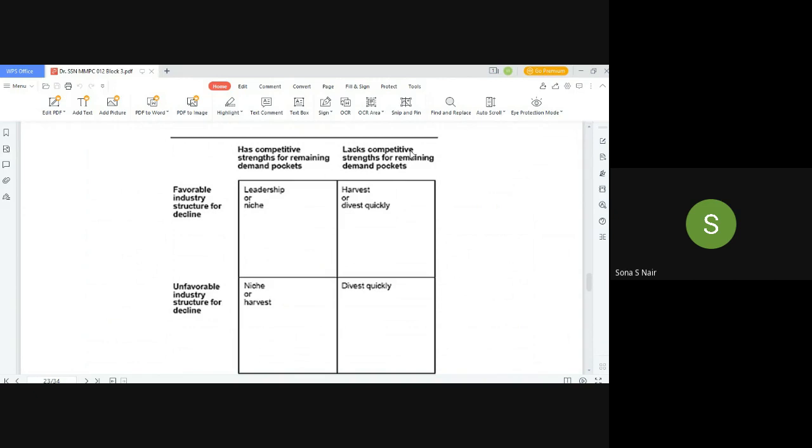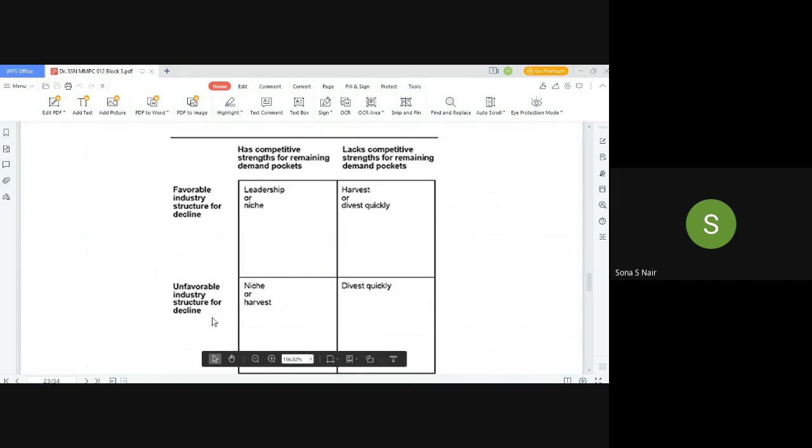If the organization is not at all having strengths in the remaining demand pockets, but the industry is favorable for decline, in the sense that there is not much competition, not much volatility, the organization will go in for harvest. Harvest would remain stable in the industry and try to earn as much profit as possible, or can also divest quickly. Divest would mean selling the business off.